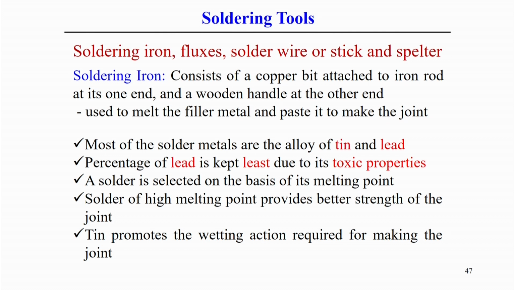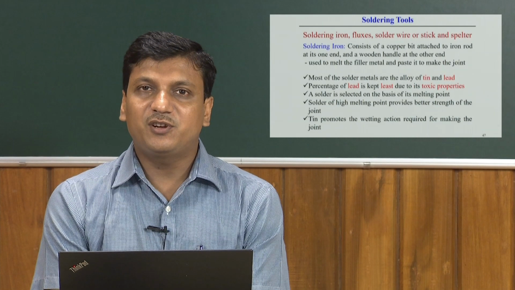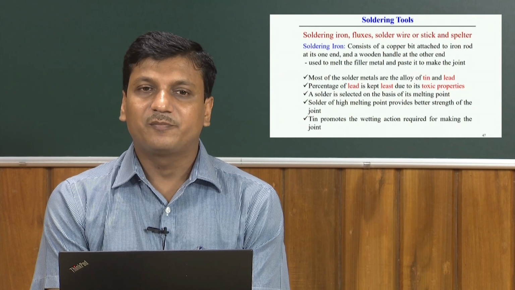Basically the percentage of lead is kept low because of its toxic properties, and nowadays some other solder metals have been developed to avoid using components like lead. A solder is selected on the basis of its melting point, and the melting point is relatively on the lower side, typically less than 450 degree centigrade.